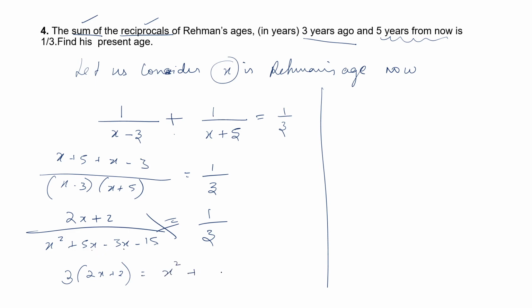Five x minus 3x, 2x minus 15. So 6x I'm taking this side, so minus 4x, 6 also I'm taking this side, minus.